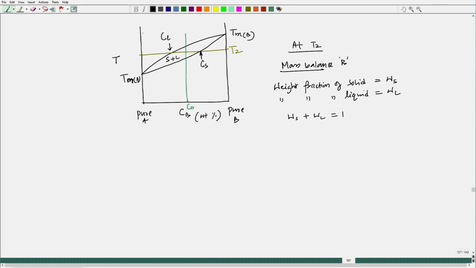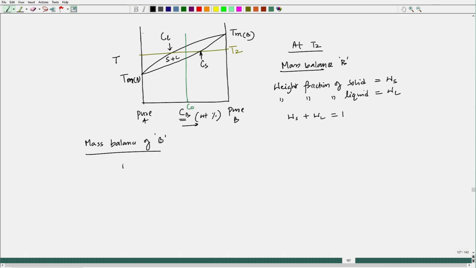Now, if I look at the mass balance of B, that is the solute, or the B content, whether you take B or A, you just have to consider the opposite way. Since this consideration of the composition is over this T versus composition axis with respect to B, I can find out the B content in the solid fraction.